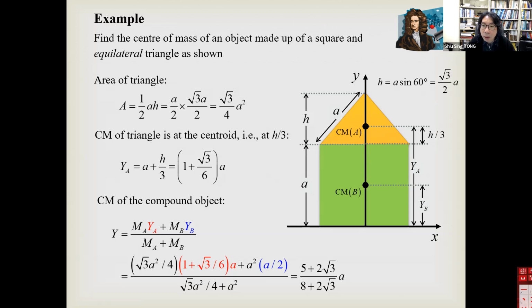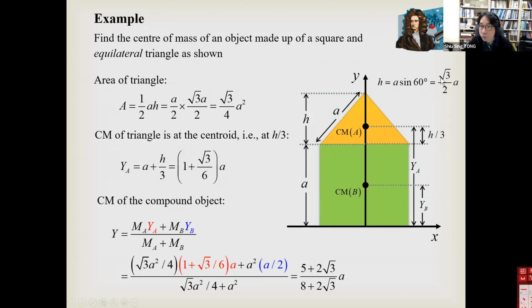Now, first find the mass of the triangle. The length of the side of the triangle is A. Since this is an equilateral triangle, it has angles equal to 60 degrees, right? So the height of the triangle is A sine 60 degrees.